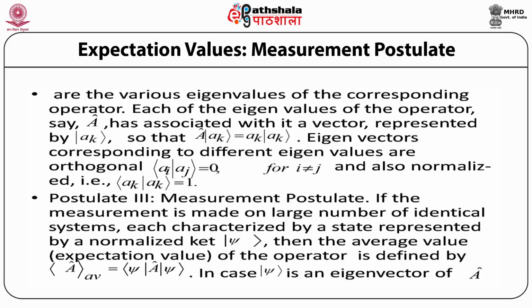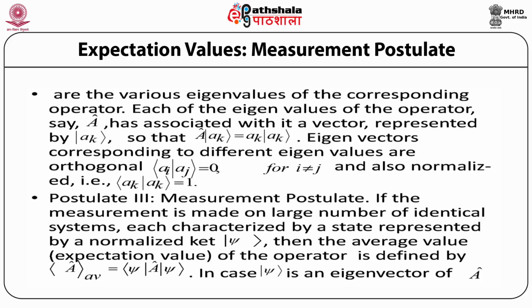Each of the eigenvalues of the operator, say operator A, has associated with it a vector represented by ket vector AK, so that operator A acting on ket vector AK is equal to eigenvalue AK into the ket vector AK.